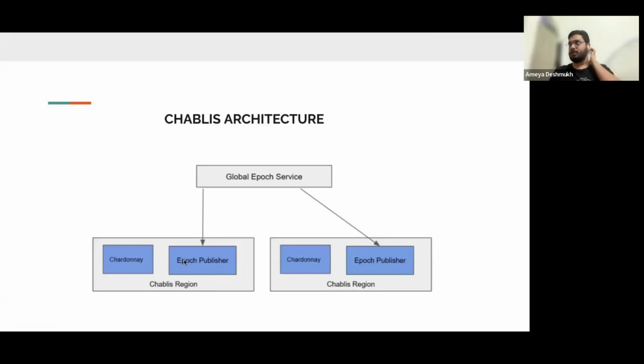So you have two RPC calls instead of one: read_global_epoch and read_local_epoch. The epoch publisher serves the read_global_epoch RPC in each Chablis region.